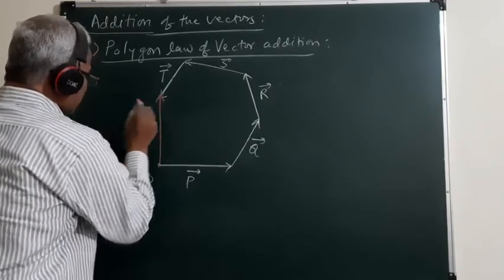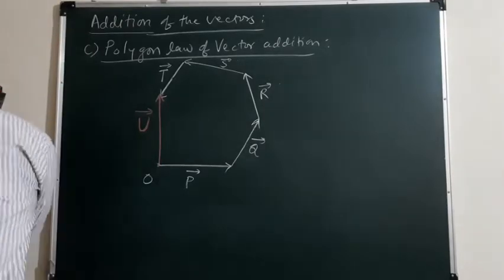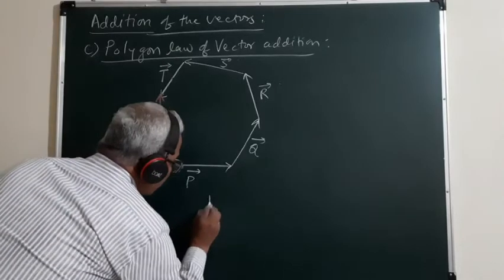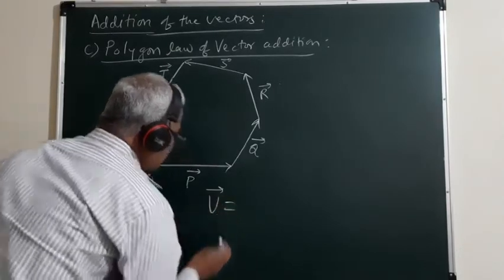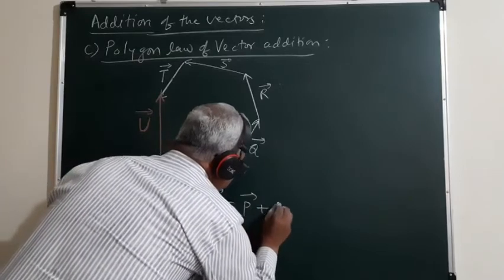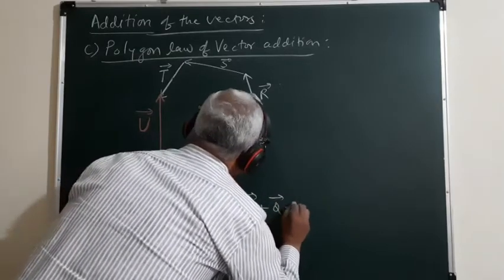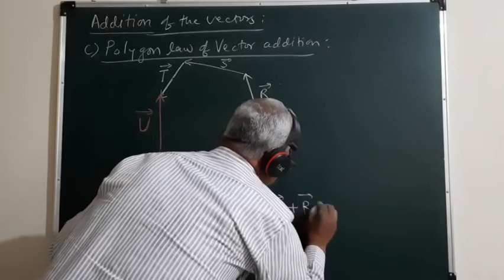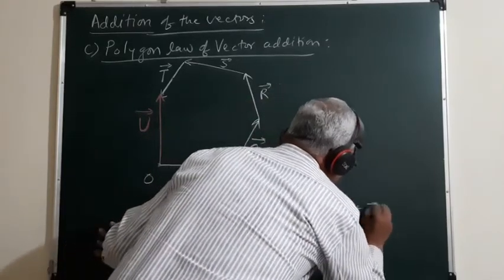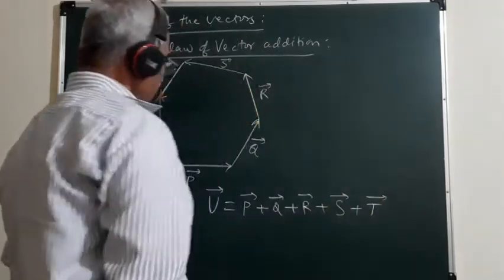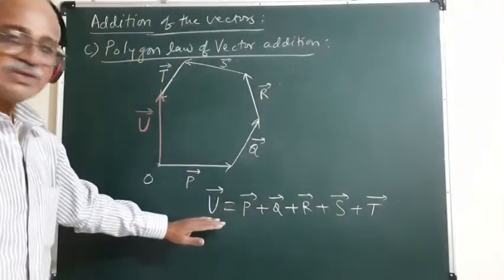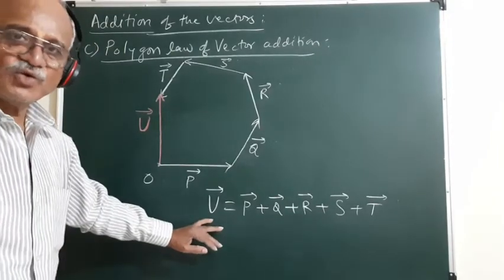So this is the vector U bar. So we can express U bar as the sum of P bar plus Q bar plus R bar plus S bar plus T bar. So the sum of all these vectors results into a single vector U bar.